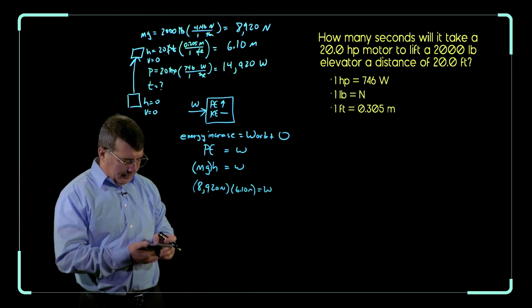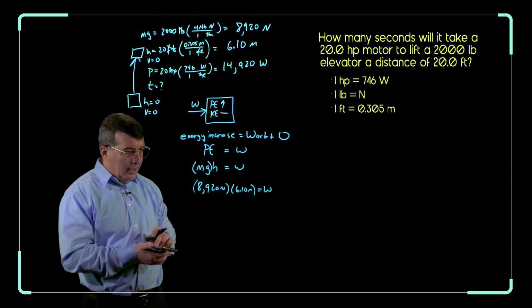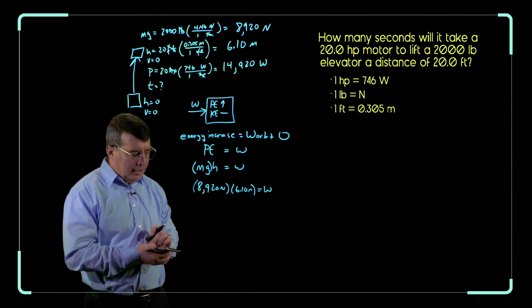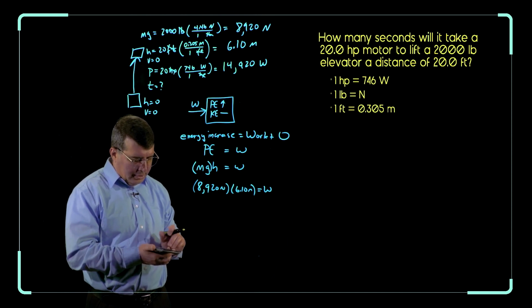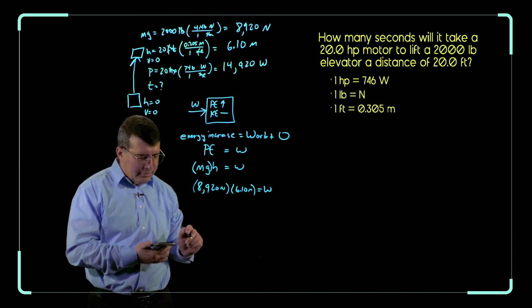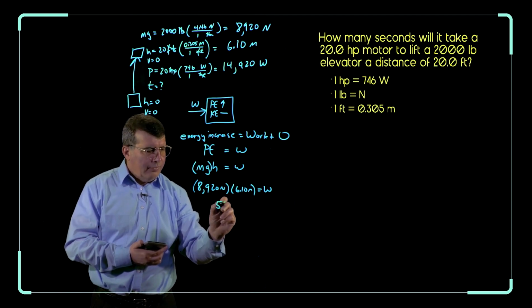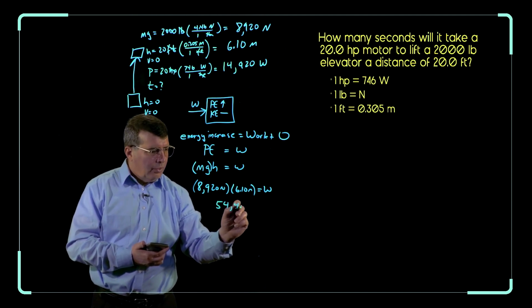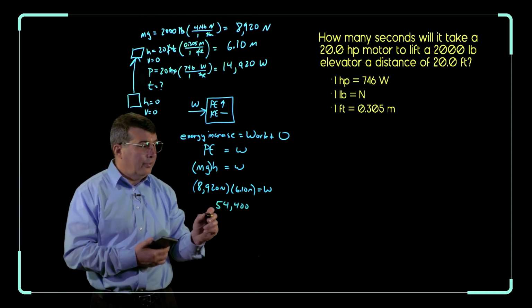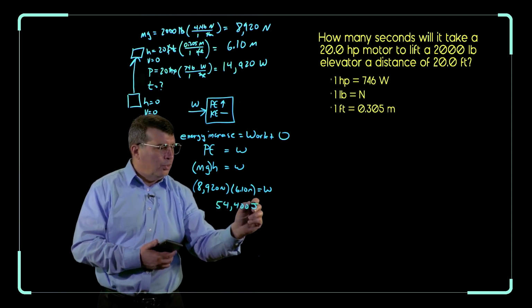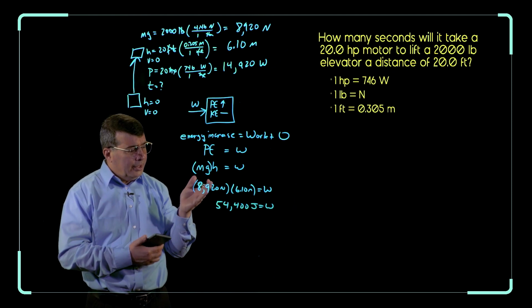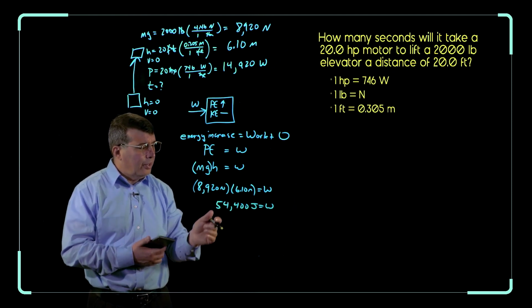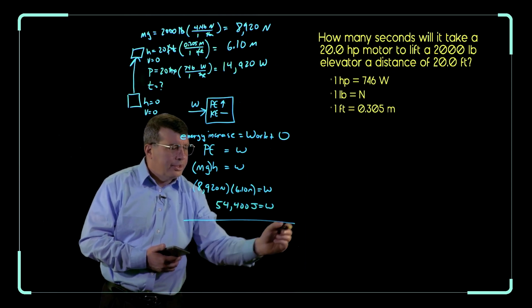So what is the work? 8,920 times 6.1 is 54,000, and I'm going to round off here, 54,400. So I've rounded off here. Newtons times meters are joules of work. So the motor for the elevator did 54,400 joules of work.